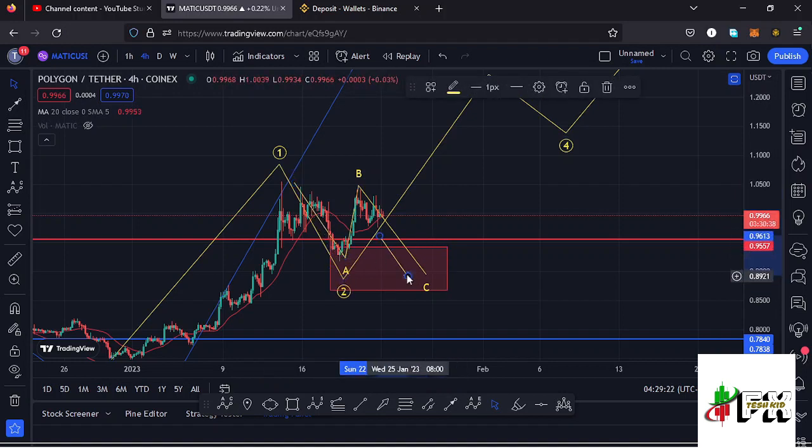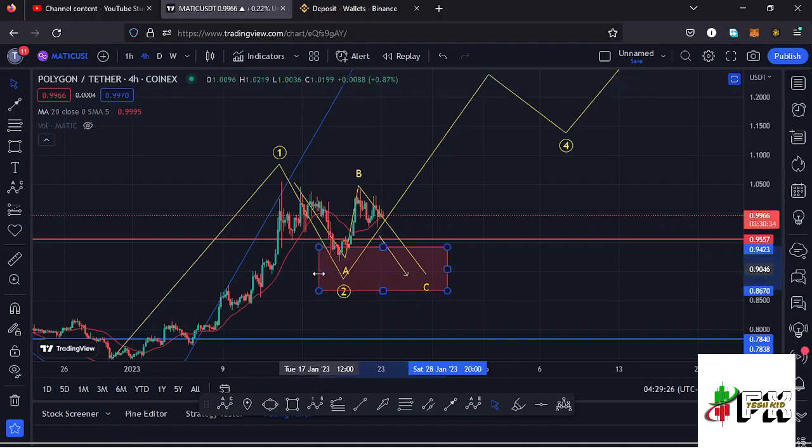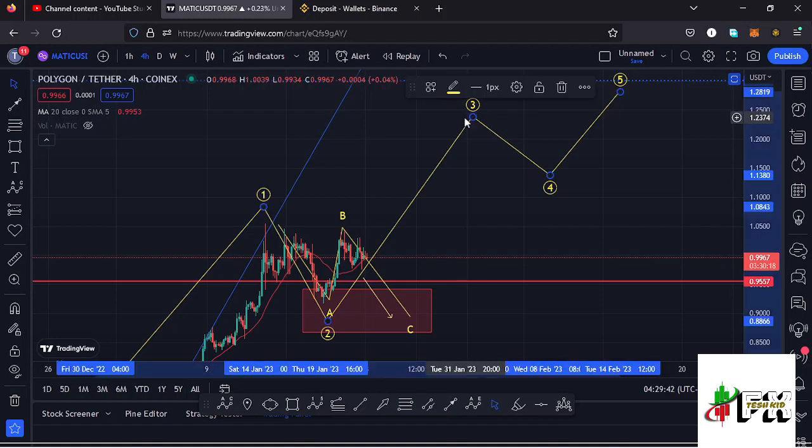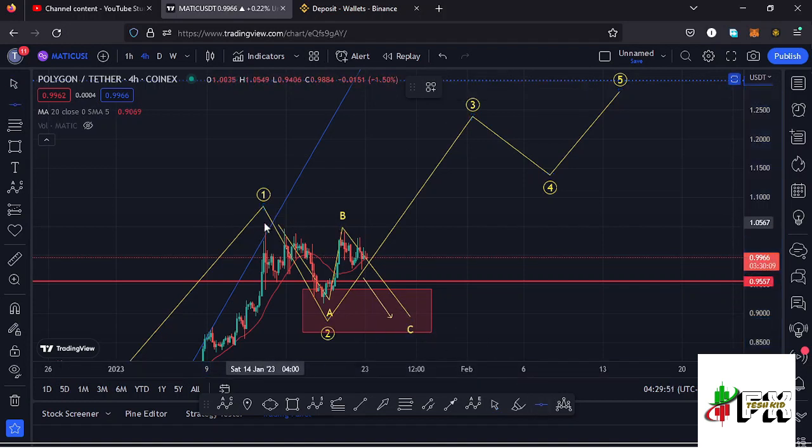But assuming that we have seen the low for that second wave after seeing a retracement between the Fib level 0.382 and the Fib level 0.5, whatever we are seeing at the moment could be the formation of that wave 3 to the upside. And for us to have confirmations that in the formation of this wave 3, we need to manage to break above the wave 1 high. So I can mark the wave 1 high here on the charts at around the $1.05 mark.